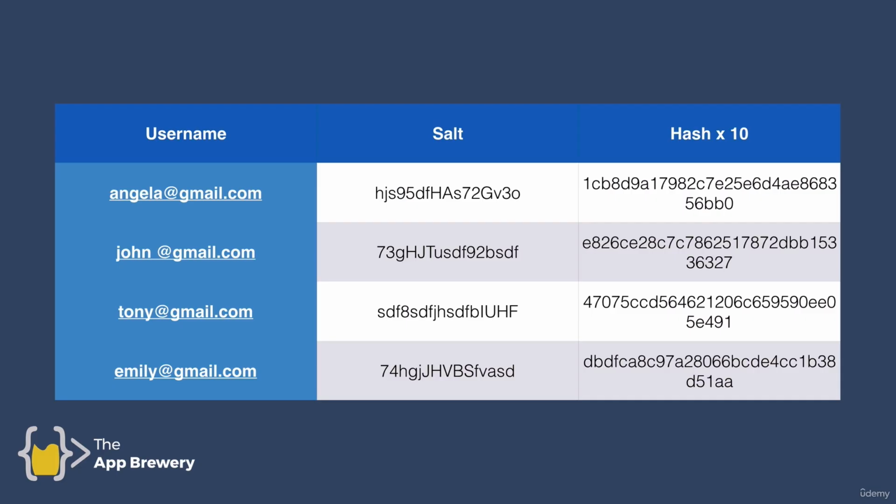And when it comes to checking their password when they log in, we'll take the password that they put in, combine it with the salt that's stored in the database, and run it through the same number of salting rounds until we end up with the final hash. And we compare that hash against the one that's stored in the database to see if they've entered the correct password. So let's give that a go in real life and implement salting rounds into our website's authentication.